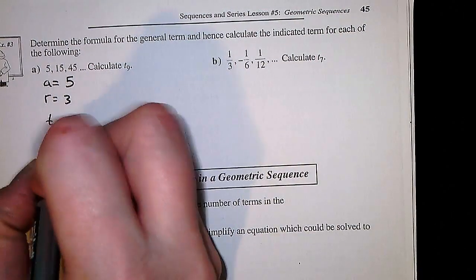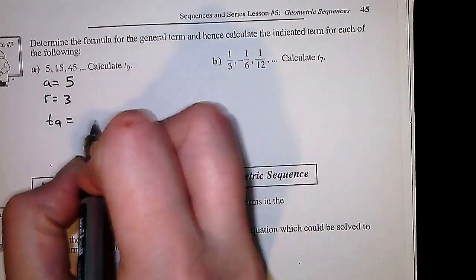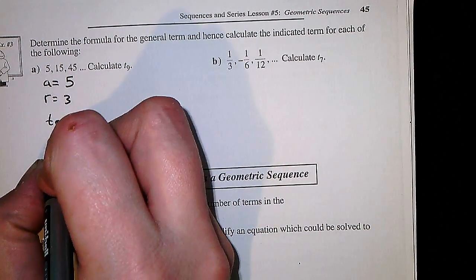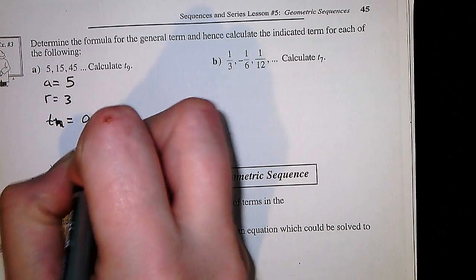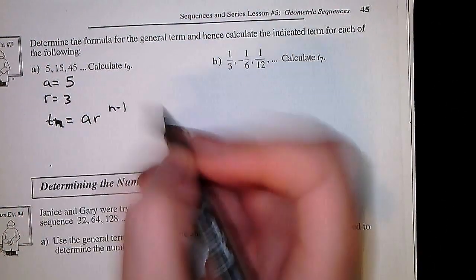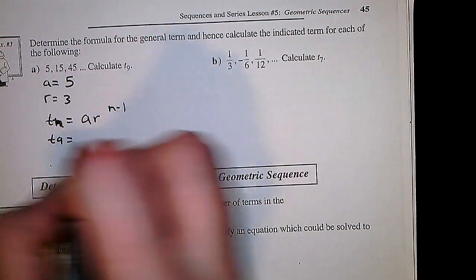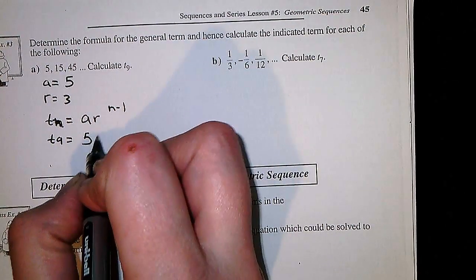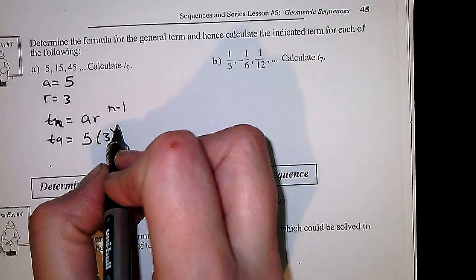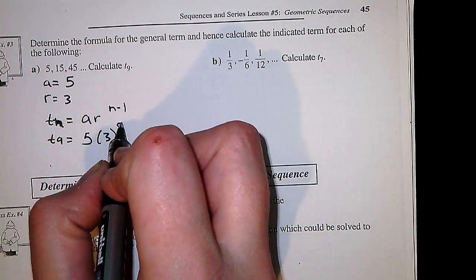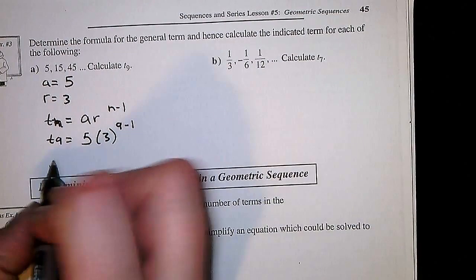If we want to know T9, I'm going to just write out the formula to start with. Tn equals A R to the n minus 1. So T9 is equal to 5 times 3 to the term number, 9 minus 1.